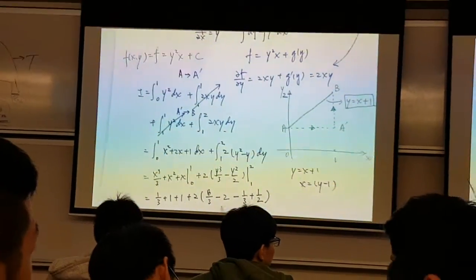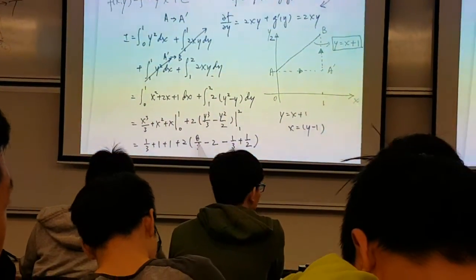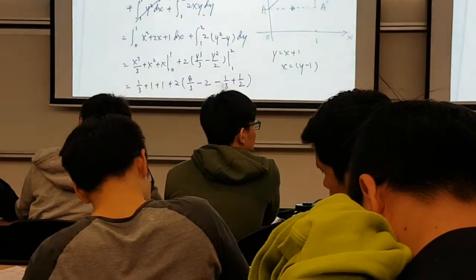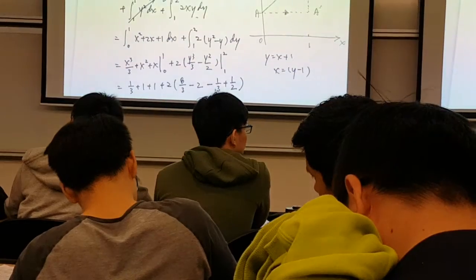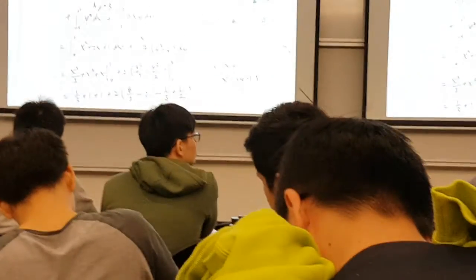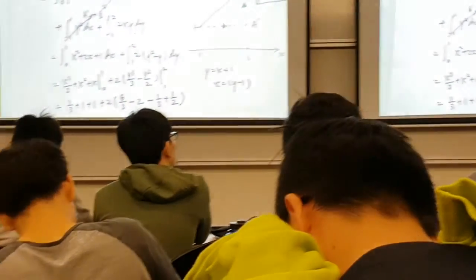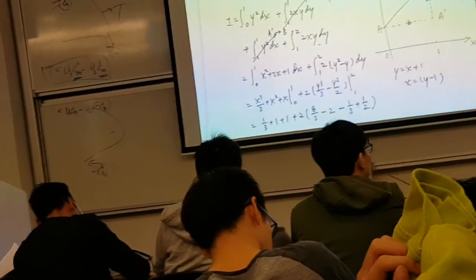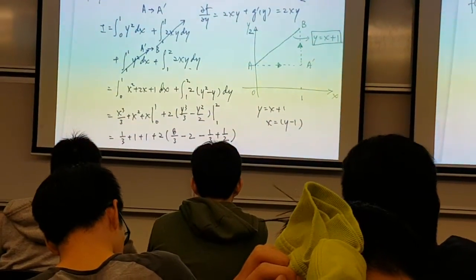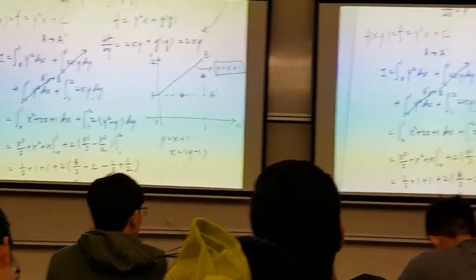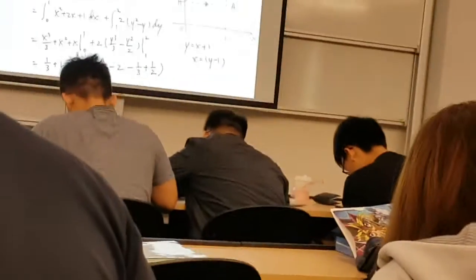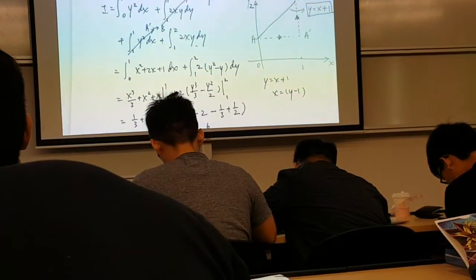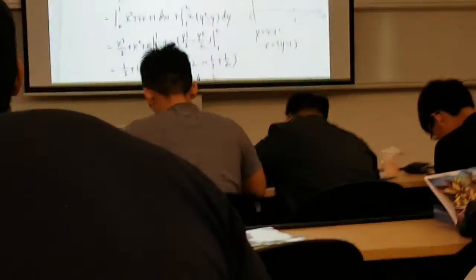So from here, what you have is 8 over 3 minus 2 becomes 2 over 3, 2 over 3 minus 1/3 is still going to be 1/3, 1/3 plus half. So this is 7 over 3, okay, minus 6 over 3, plus 3 over 6.